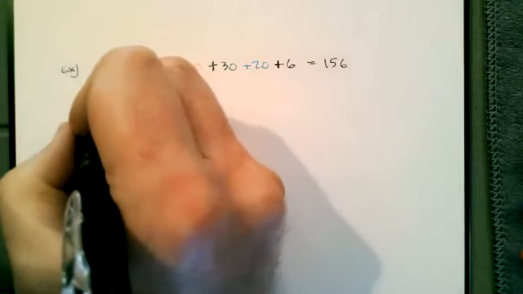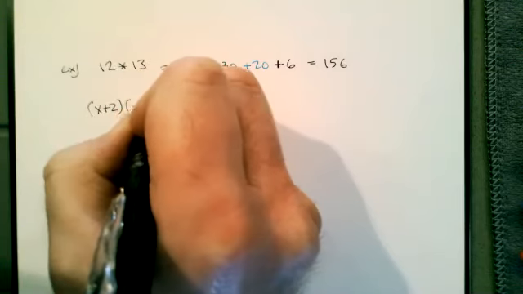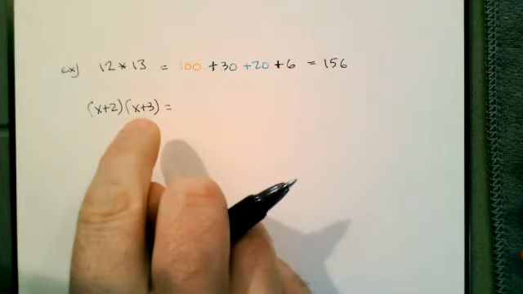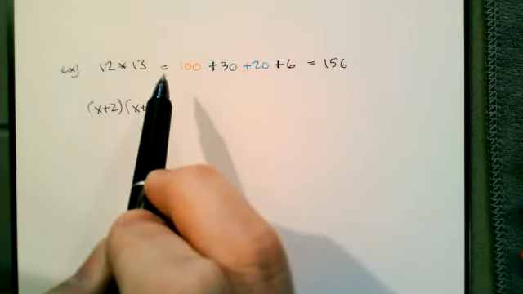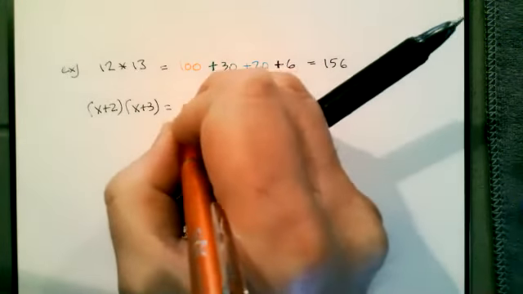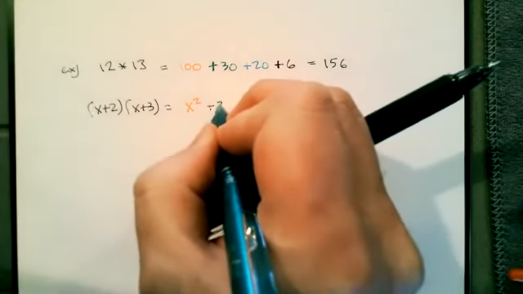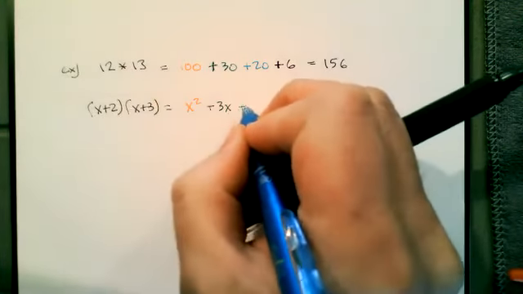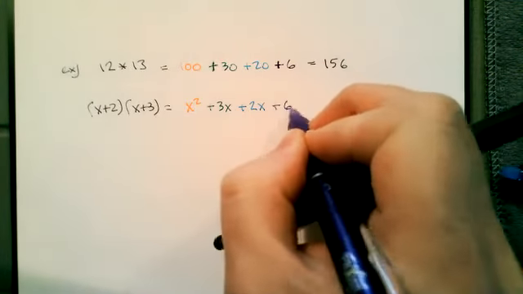So if I think of multiplying x plus 2 times x plus 3, this is multiplication distributing over addition, in the same way that multiplication was distributing over addition in 12 times 13, where we take x times x, that's x squared, x times the 3, that's 3x, x times the 2 is 2x, and 2 times the 3, which is 6.